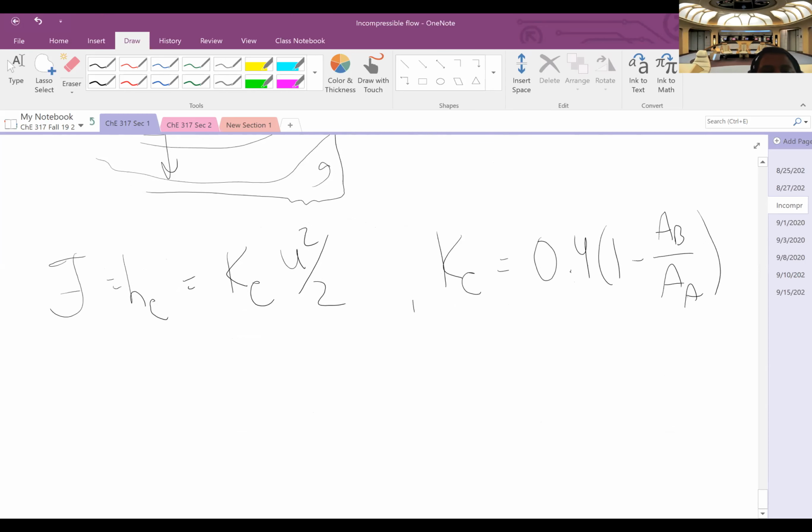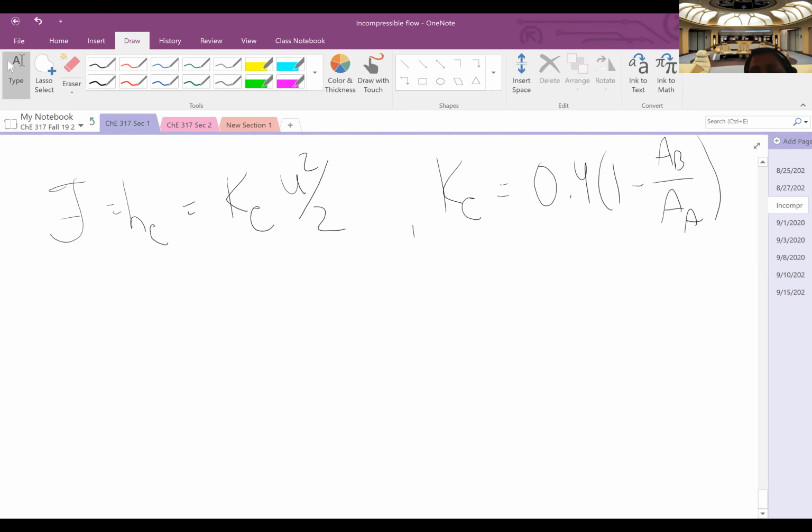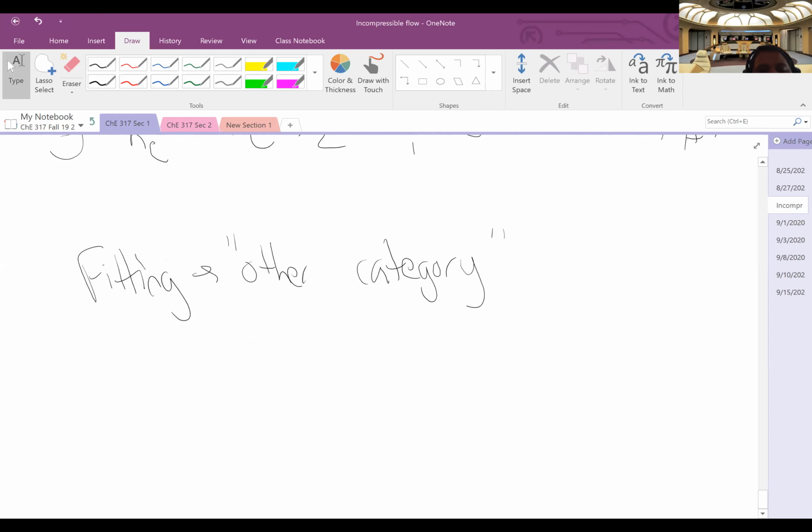And the last one is fittings. Now, what I mean by fittings, I mean elbows, T's, any sort of essentially modifier to our flow system. So fittings are the other category, where due to fittings, we have the same expression, K_F times U squared over 2.